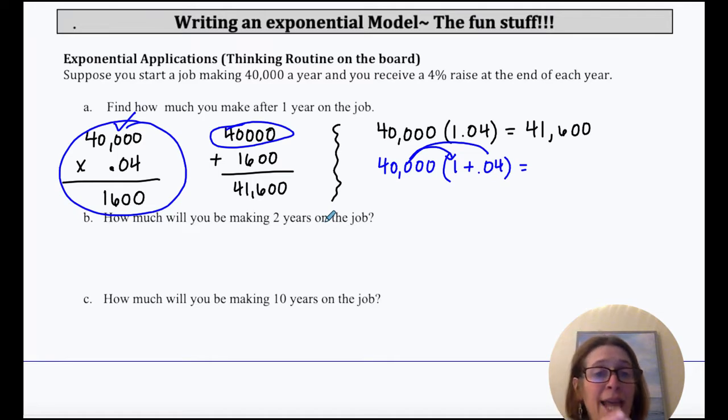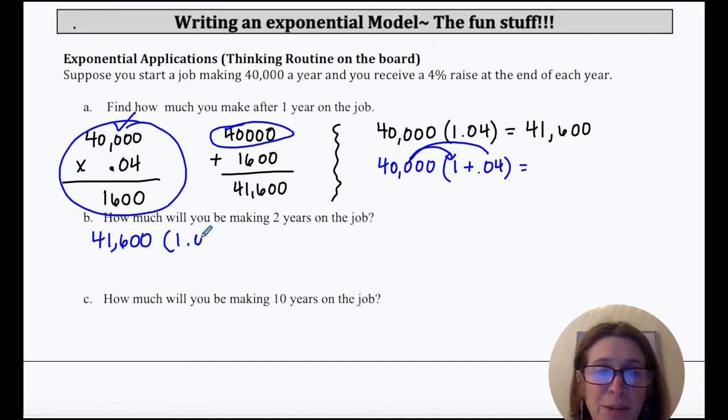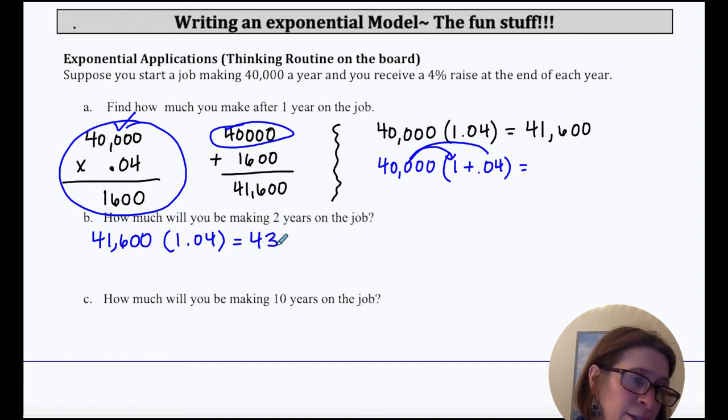Okay, so then how much will you be making 2 years on the job? All right, well, you'd have to take that 41,600. We'll multiply it again by 1.04 this time. Let's see what we get. $43,264.